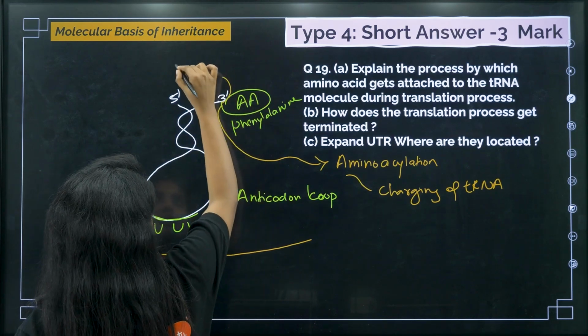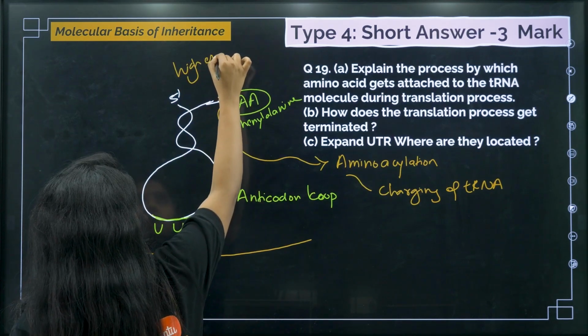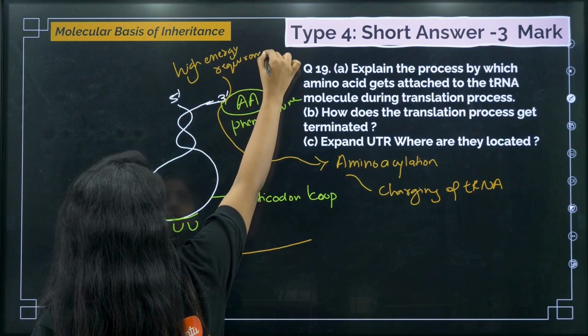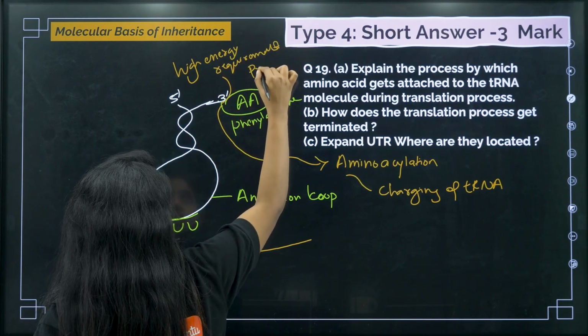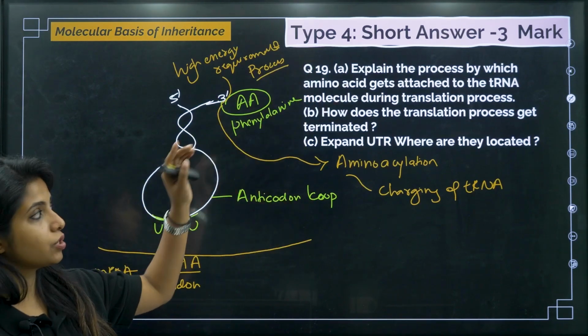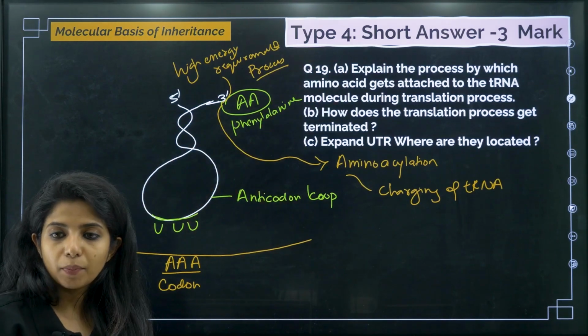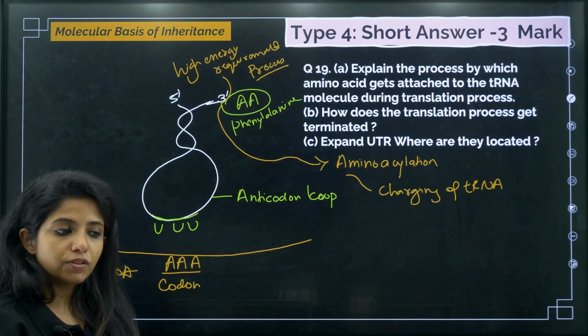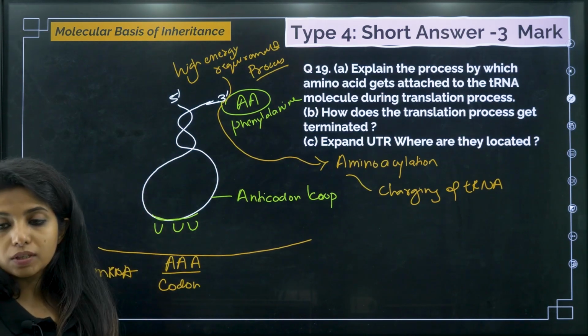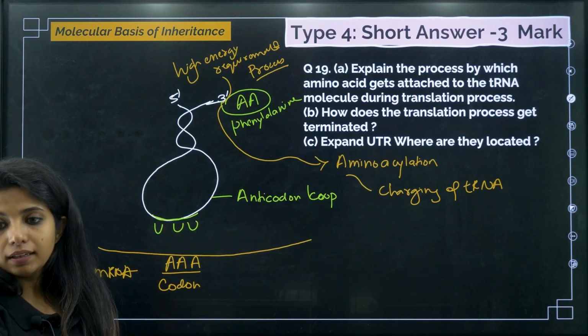This is a high energy requirement process. Okay, you need ATP's energy, lots of energy for this charging of the amino acid to be done, right? So tRNA is the one that picks the amino acid and goes and gives it while reading the mRNA codon.